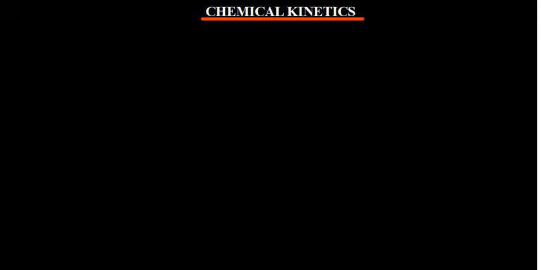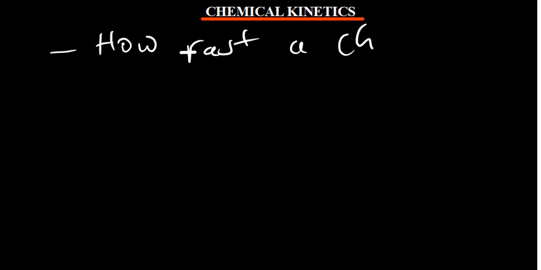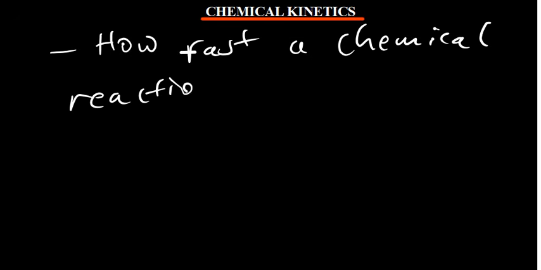Okay, so basically what is chemical kinetics? Chemical kinetics involves studying how fast a chemical reaction progresses. Apart from how fast a chemical reaction progresses, chemical kinetics also deals with reaction mechanisms.